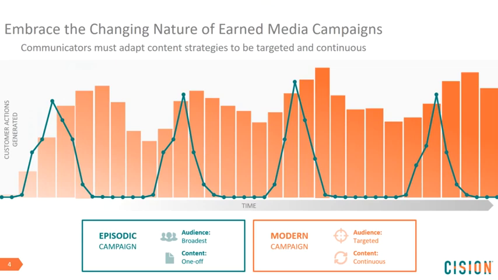So for modern comms campaigns, they need continuous content. They need to segment to more targeted audiences while still ensuring they have strong reach for those audiences. And if communicators are instead able to push more focused content to a more targeted audience, they'll see more sustained engagement from their earned media campaigns.